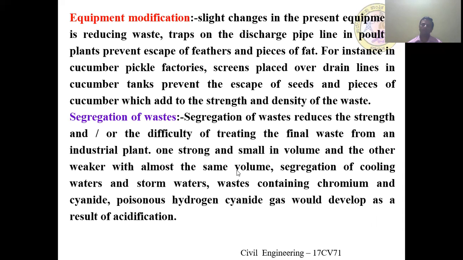And the other one, we are going to modify the equipment, or we can modify during the process by one operation. For example, in the food processing industry, small screens are placed over the drain lines which prevent the seeds and pieces of cucumber or any fruits and vegetables, which add to the strength and density of waste.